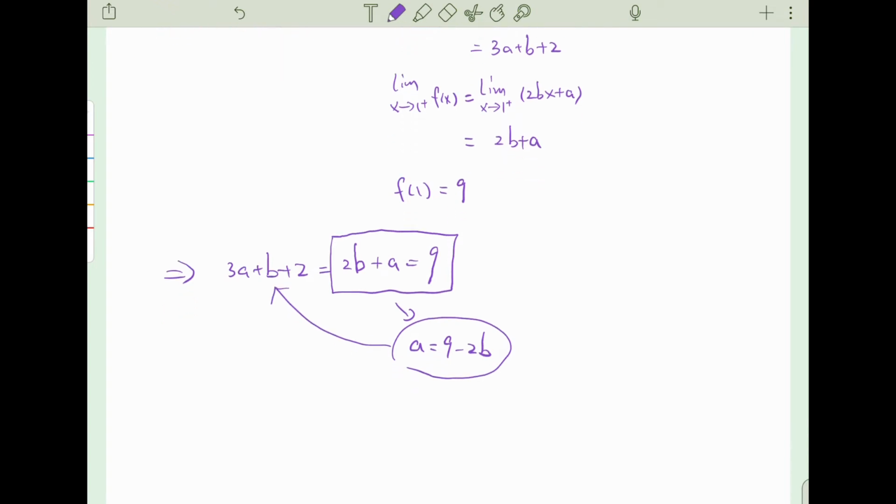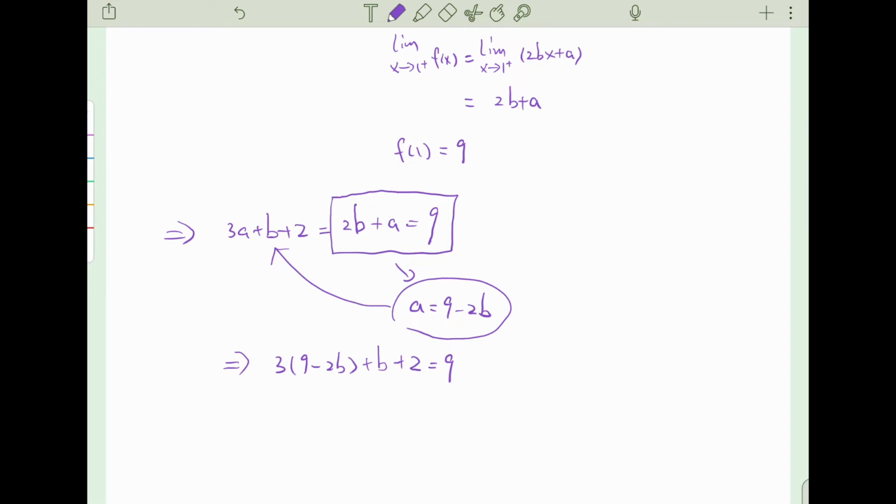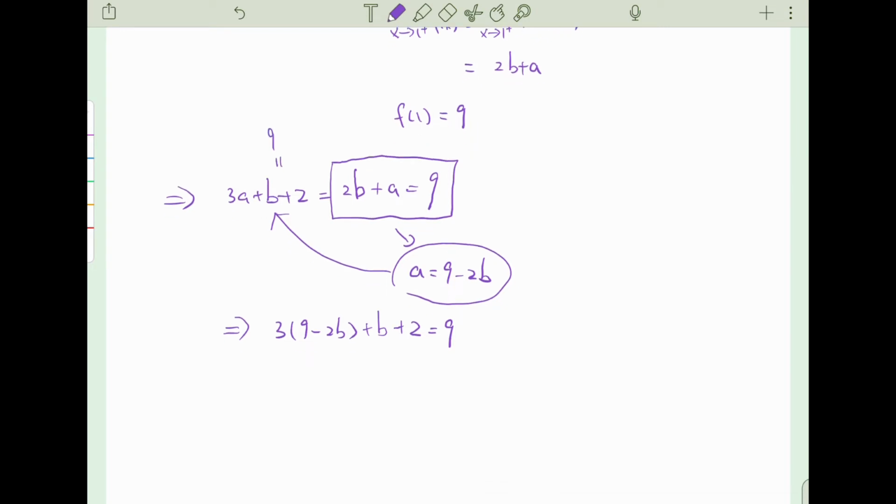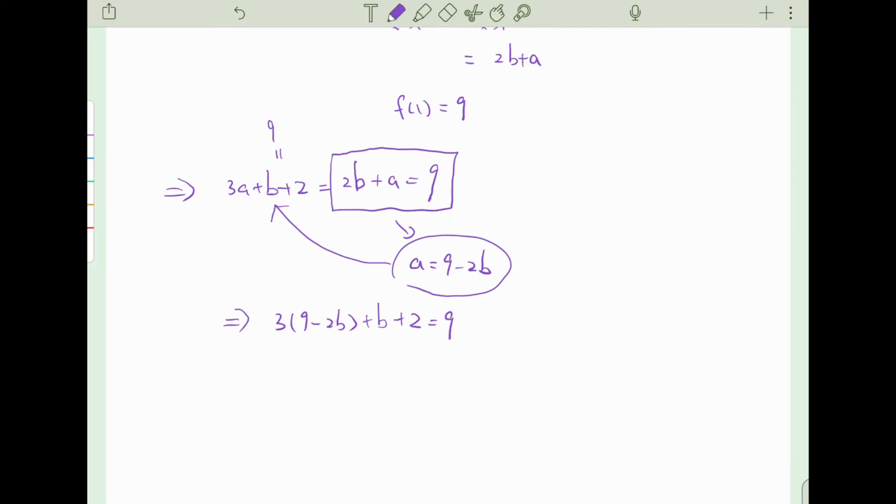So I have now a is equal to 9 minus 2b, so 3 times (9 minus 2b) by substitution plus b plus 2, right, is equal to 9. Because this 3a plus b plus 2 is also equal to 9. Okay, so I'm gonna solve this. That gives me 27 minus 6b plus b plus 2 equal to 9.